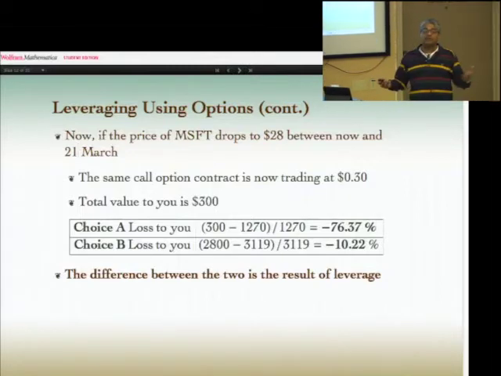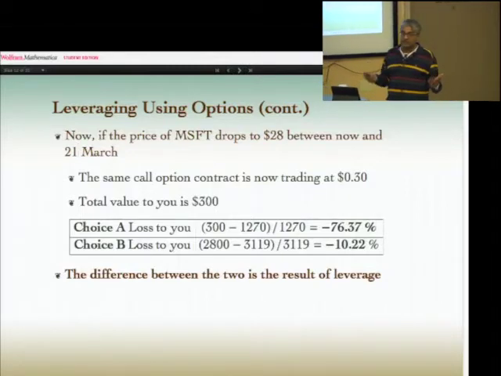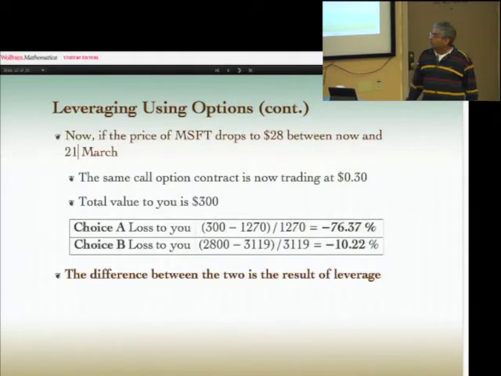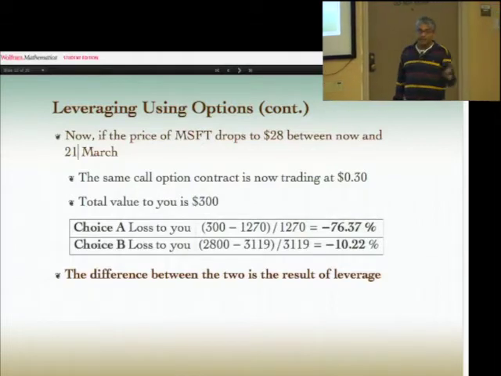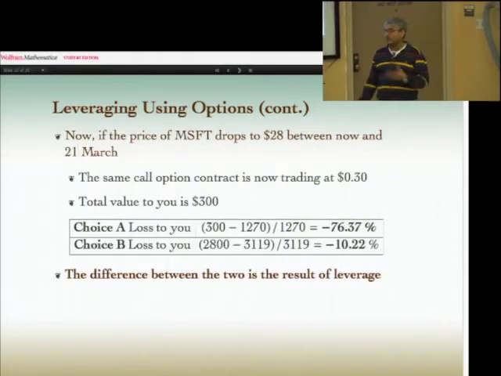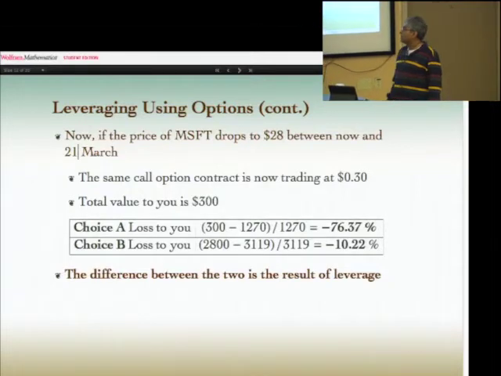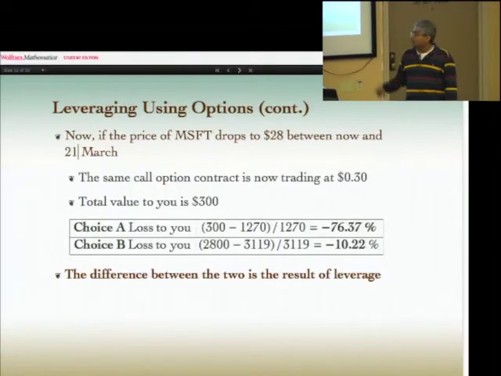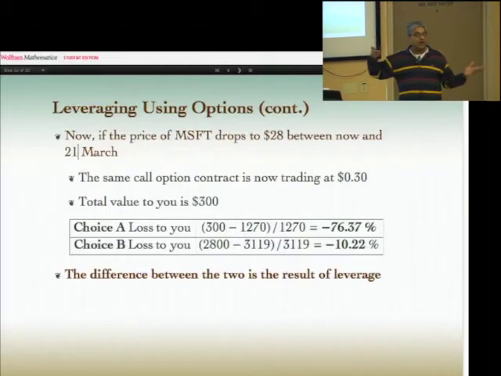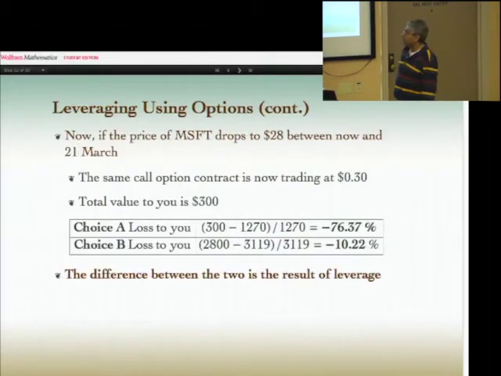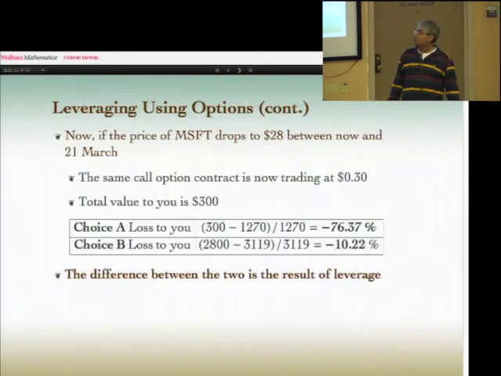So now the total value, with 10 of these contracts, is $300. So you can simply sell it for what it's worth and recover part of your losses. Now your loss is 76.37%. But if you just had a straight up stock deal, then you lost just 10%. So minus 10 versus minus 76%.